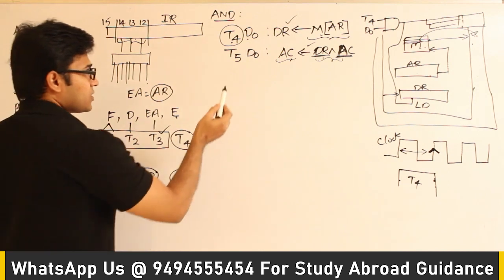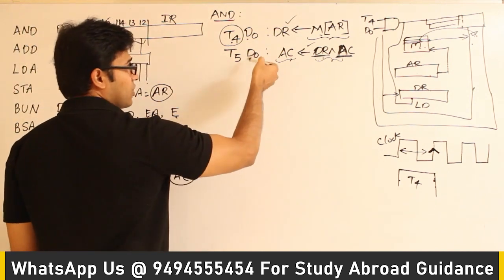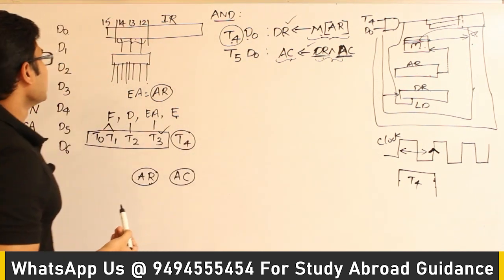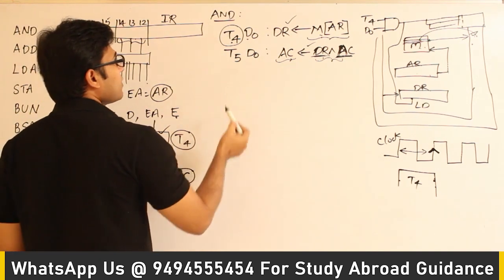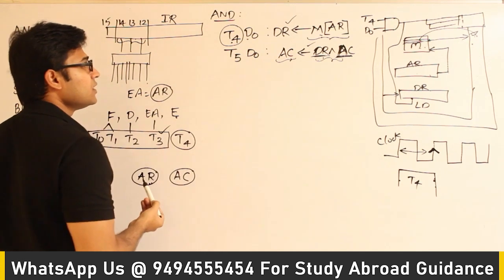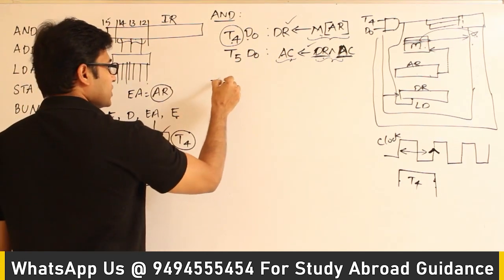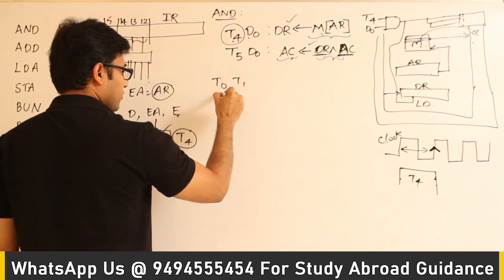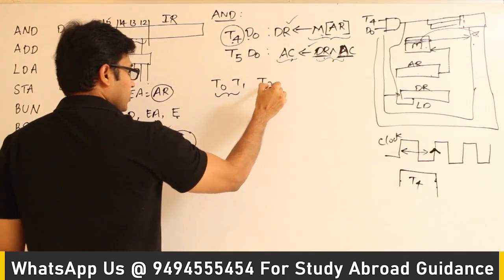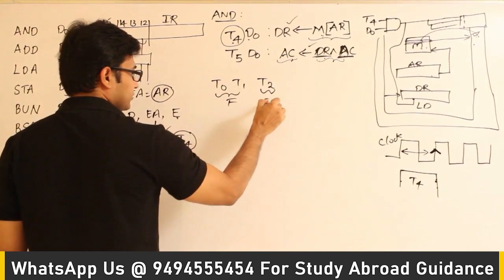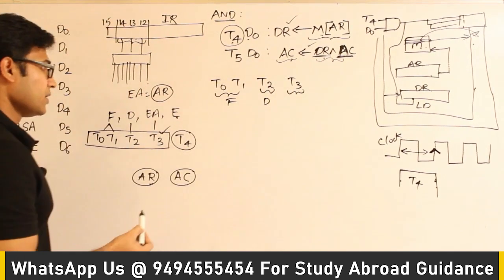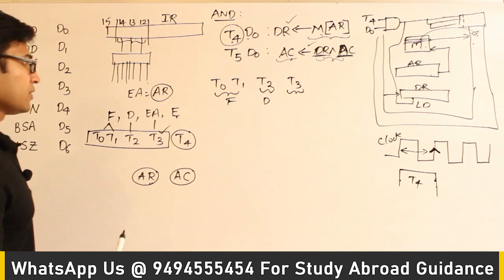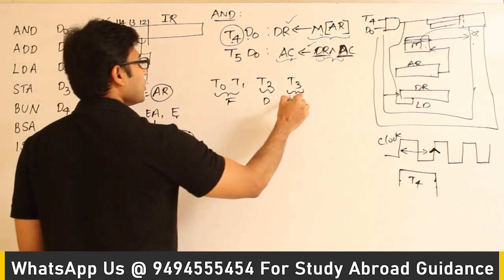So if the required operation is over, now if I have to start the next instruction, which means the instruction AND is over. If you observe, in order to execute the instruction AND, it has taken T0 to T5 in total. So how is it done? T0 and T1 are for fetch, T2 is for decode, T3 is either idle or used to compute the effective address depending on what type of addressing mode it is.